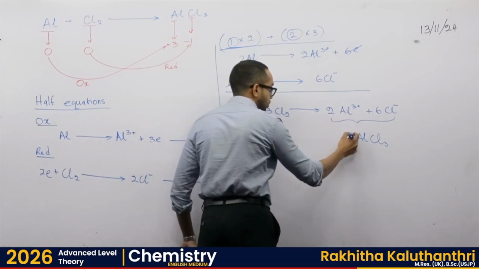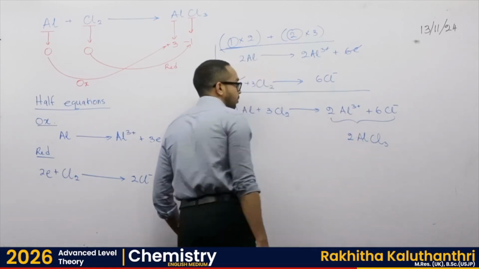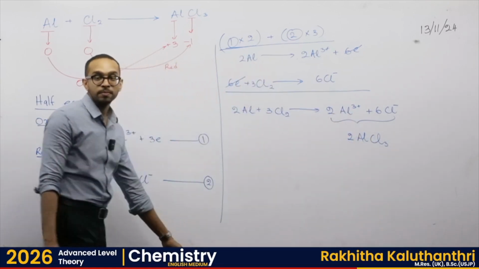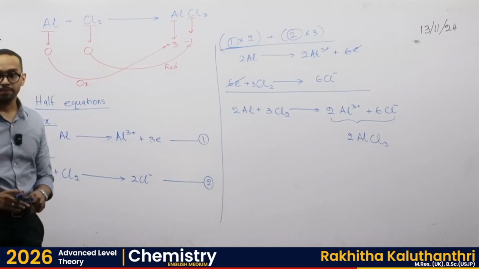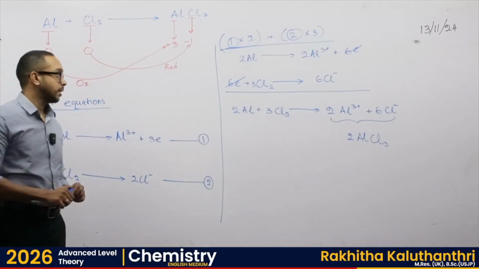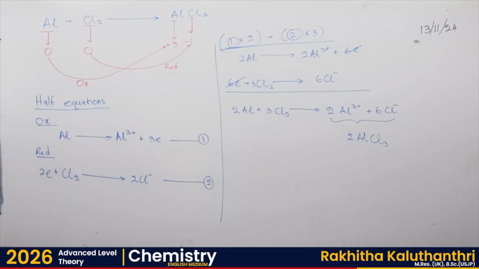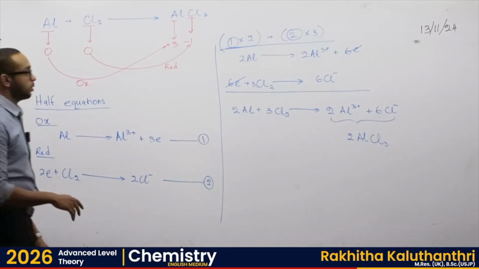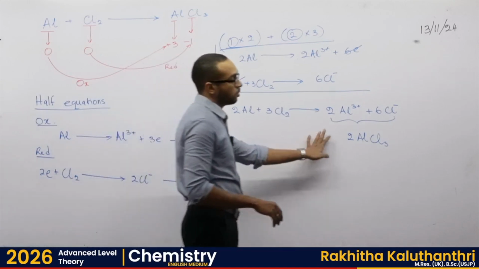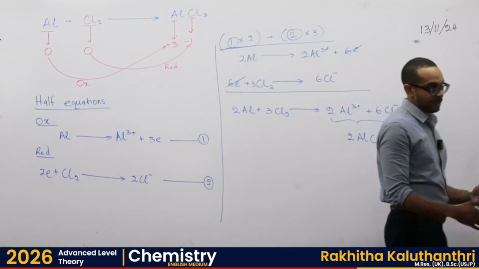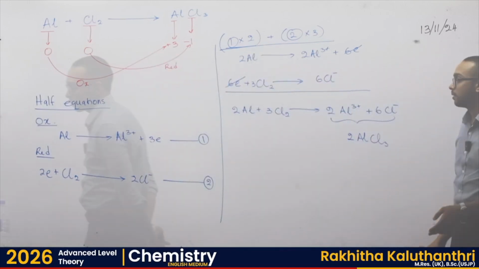Okay, so this is going to be 2 aluminium chlorides. Is it understood? Okay. Take it down, students. Now gaseous state aluminium chloride is a different story. We don't talk about it here, but I just want you to take this down and develop an idea about what is happening here.